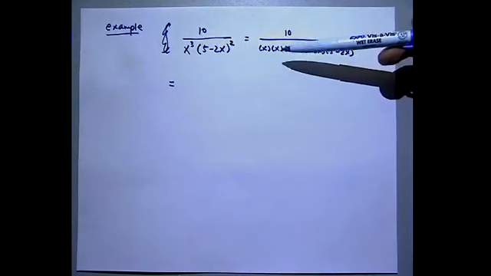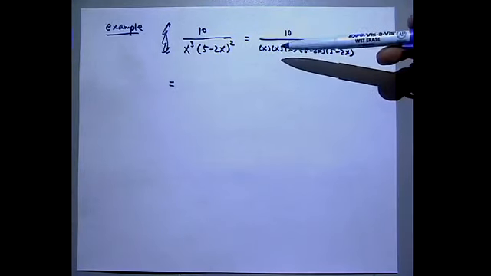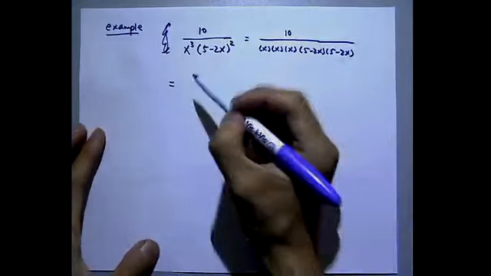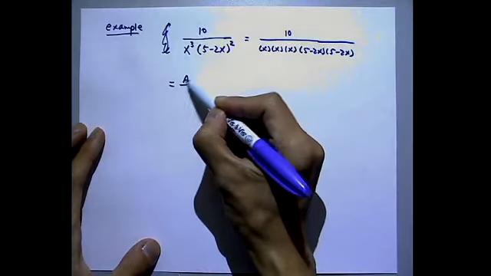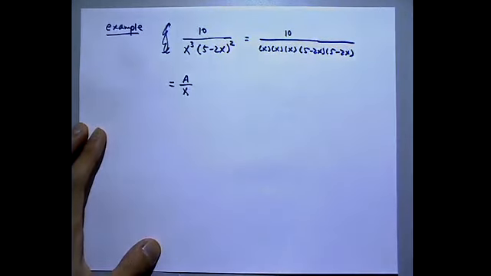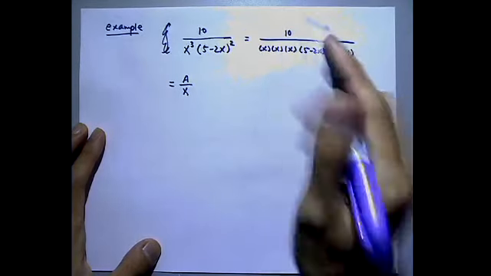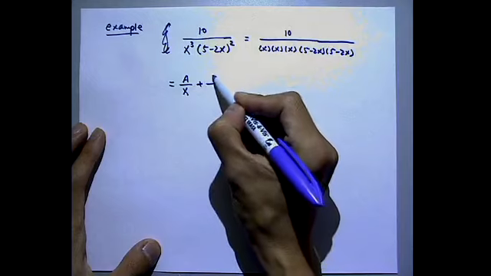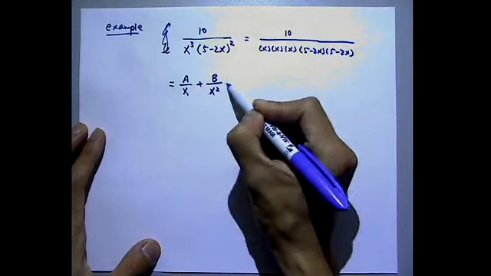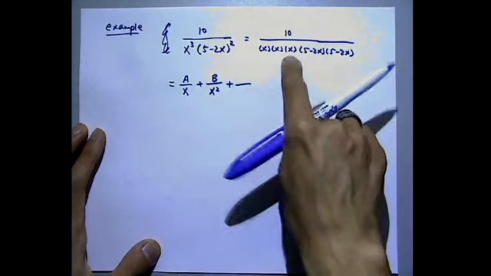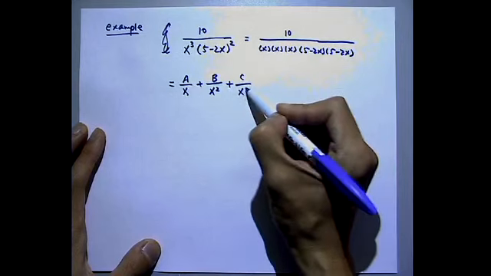So here we see x is repeated, shows up 3 times. The first thing you get is whatever x would give you normally, a over x. And then take care of the second time it shows up, b over x squared. And then one more time, c over x cubed.